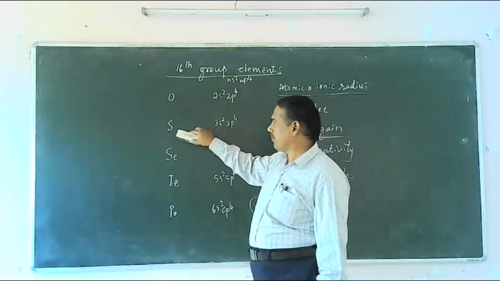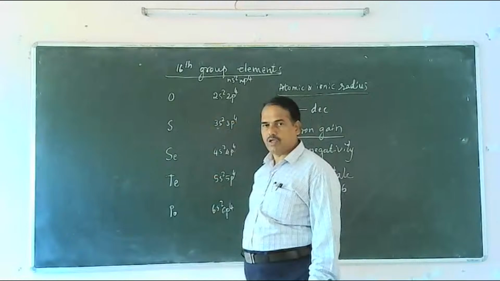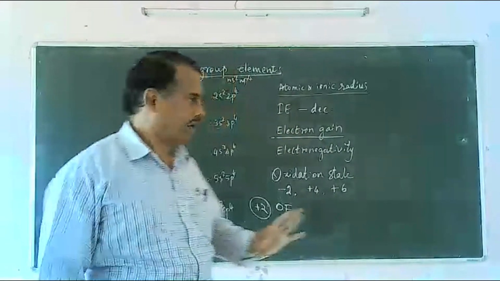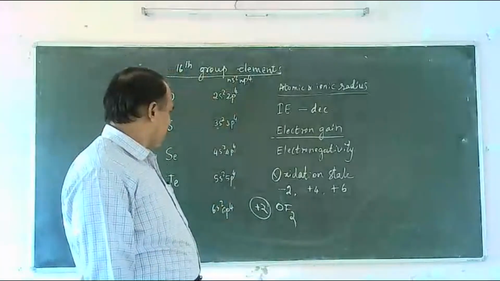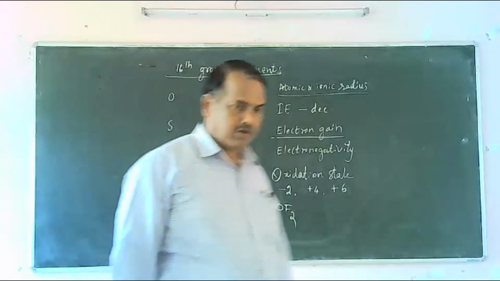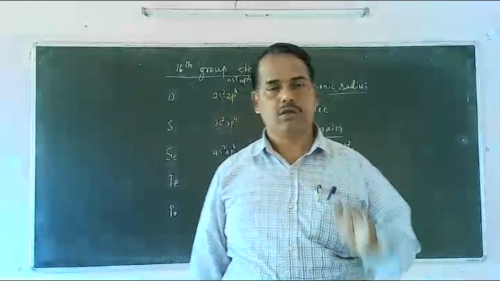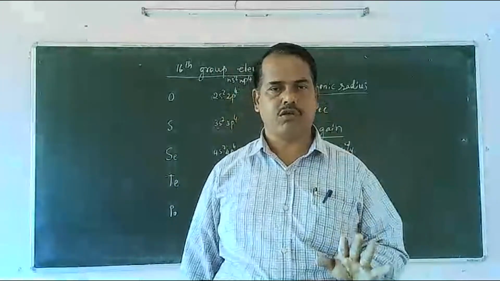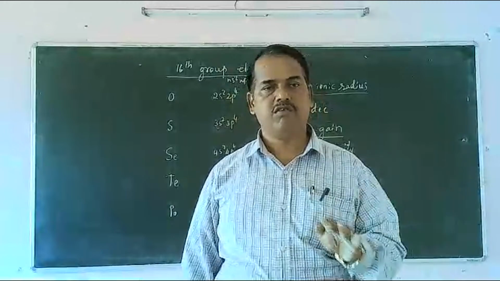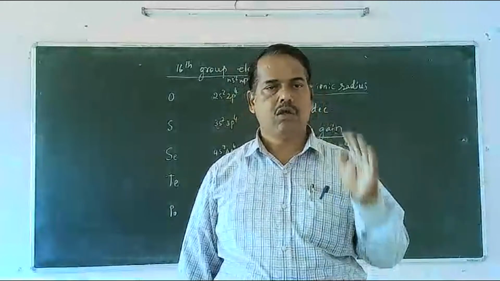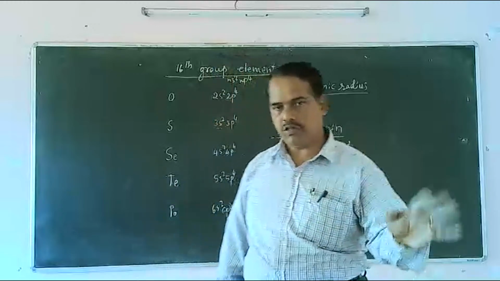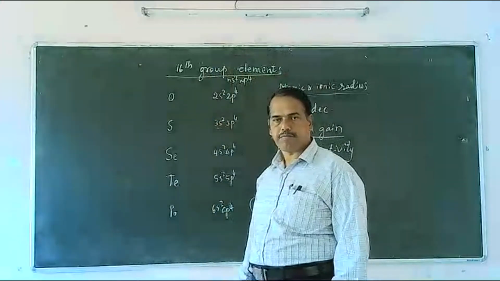As we come down from sulfur, selenium, tellurium, we can find positive oxidation states. Then the next part is reactions, a general set you have to study for all p block elements: reaction with hydrogen, reaction with oxygen, reaction with halogens, and reaction with metals and non-metals.